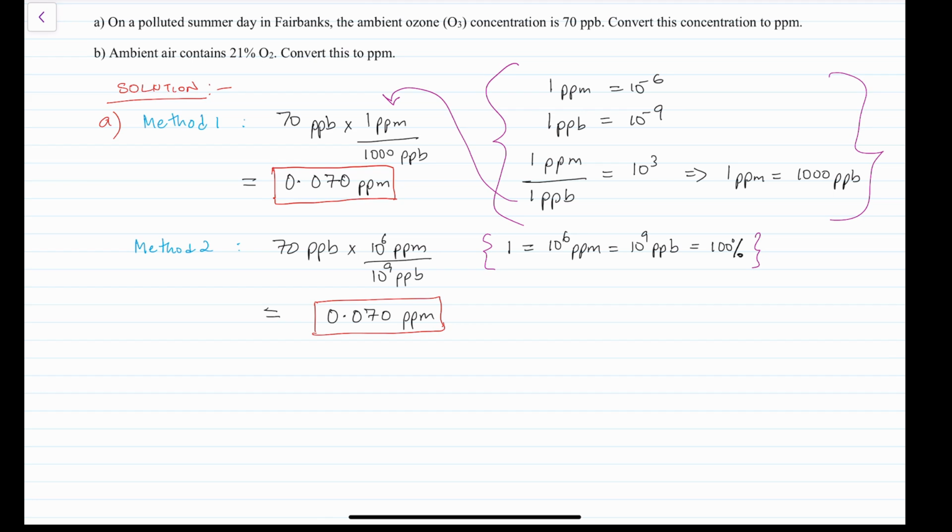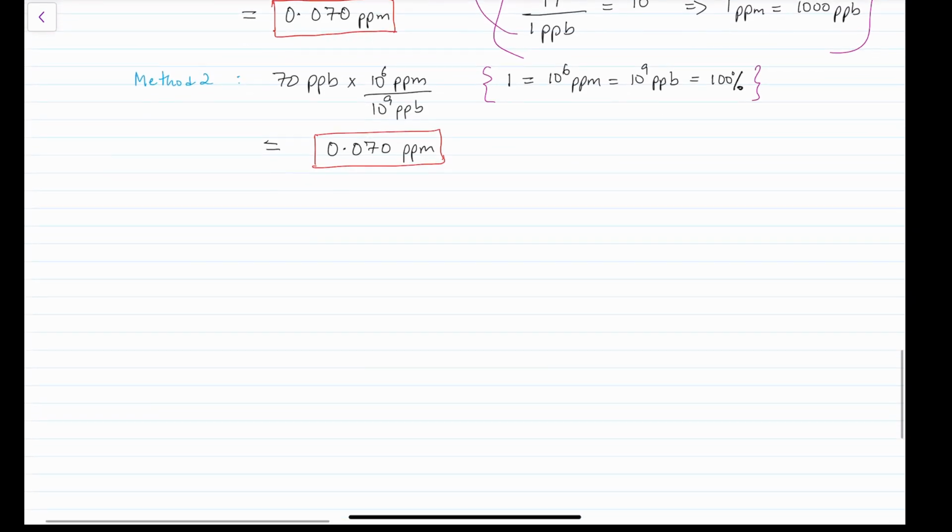Okay, so with that we will move on to the next topic, which is we want to learn how to convert between C and Y. So say if you're given C in the units of gram per meter cube and we want to find Y in the units of, say, meter cube per meter cube, how do we do that?